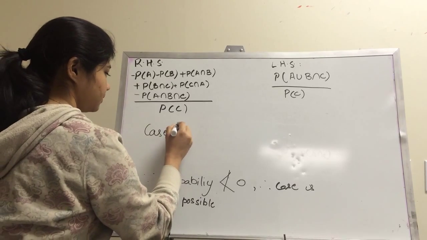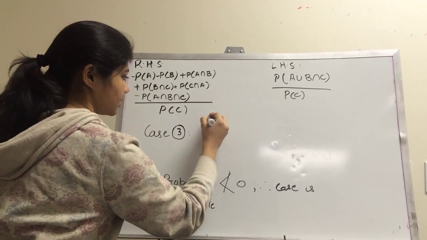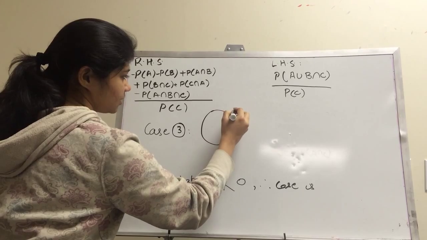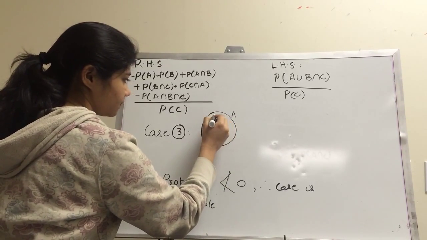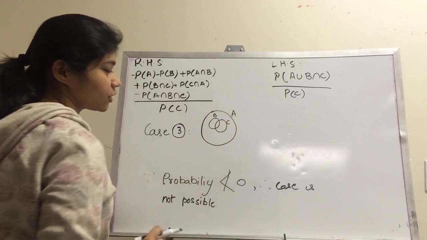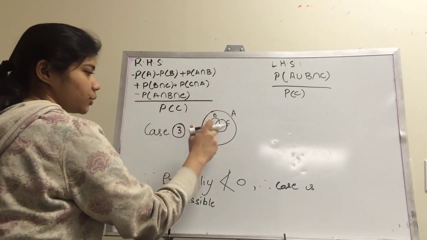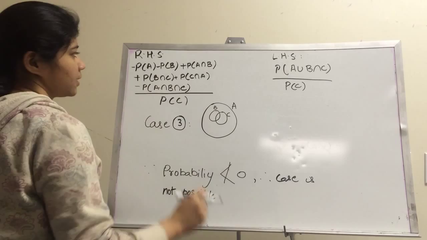Now my case 3 is that I've taken set A, and the sets B and C are two subsets of A. Now using this Venn diagram, I started solving the RHS.